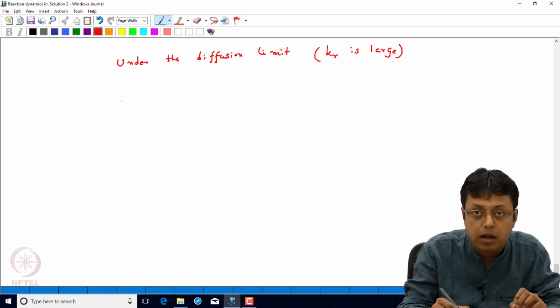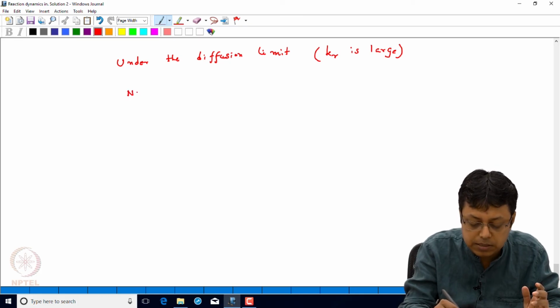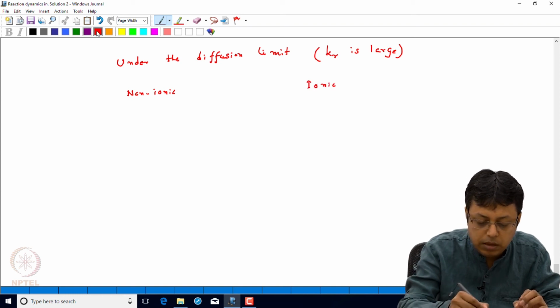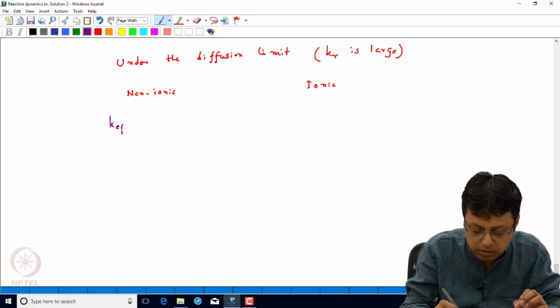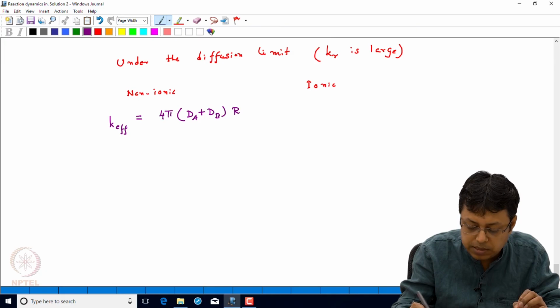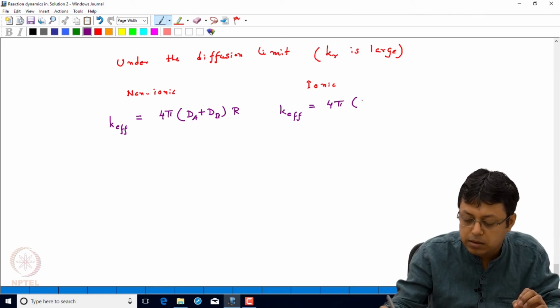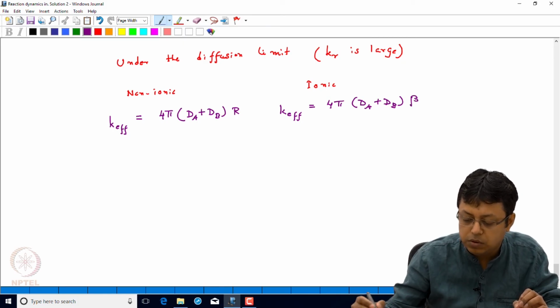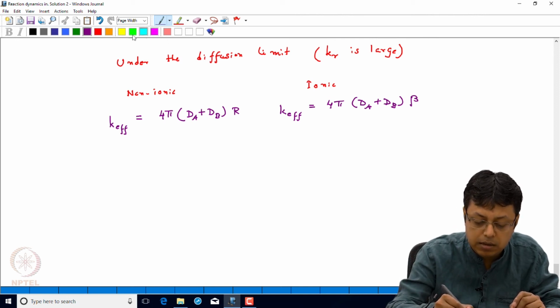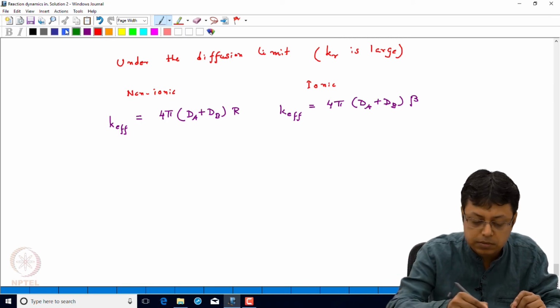Then for non-charged or non-ionic species versus the ionic species, the effective rate in one case is 4 pi dA plus dB, the addition of the diffusion coefficients of the two species, times R, and in the other case K effective is 4 pi dA plus dB times beta.